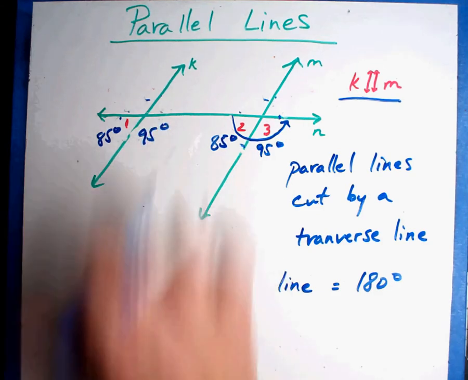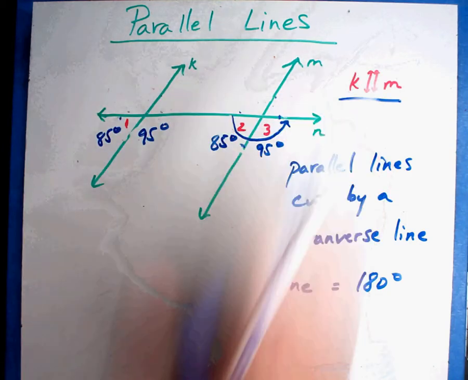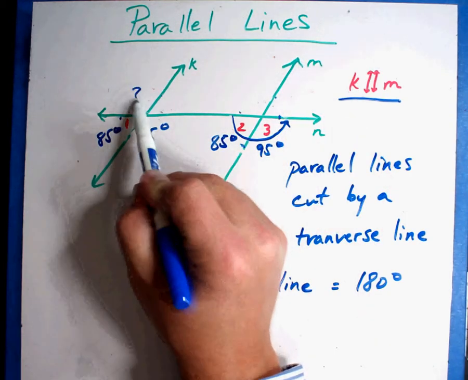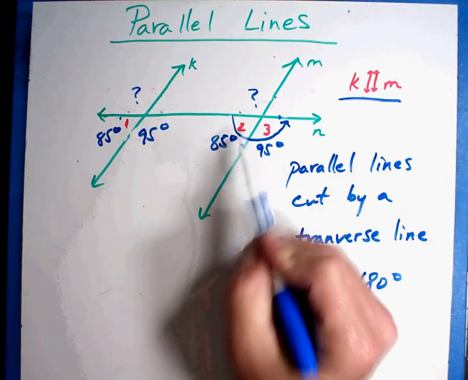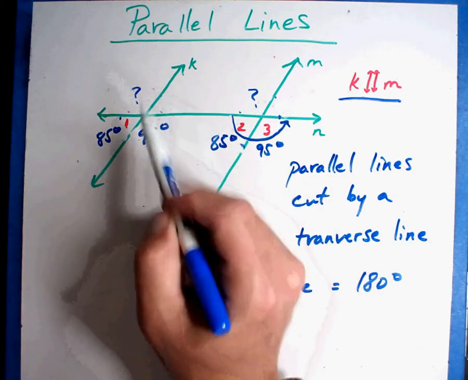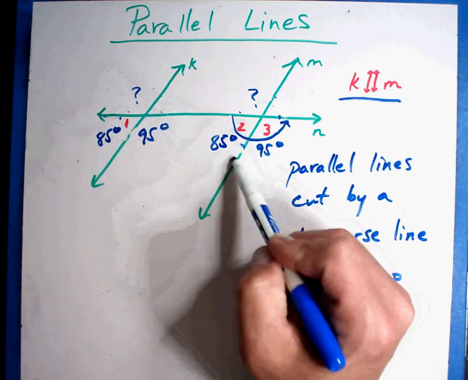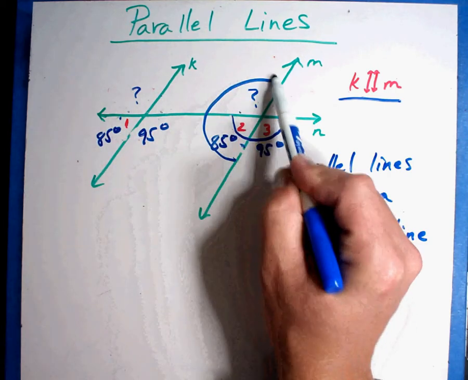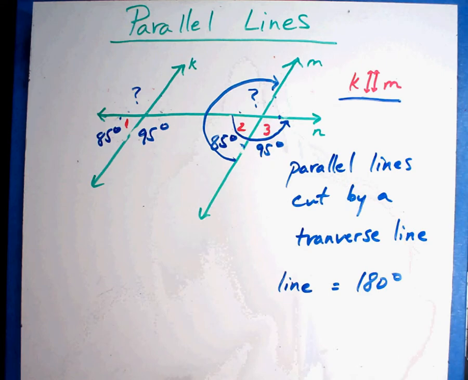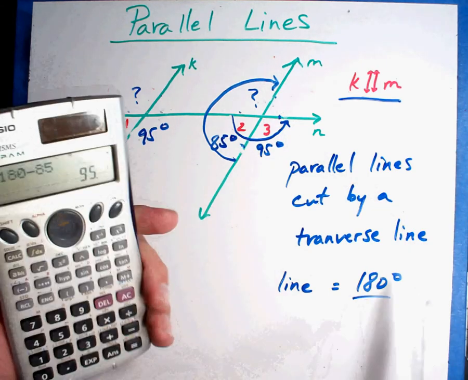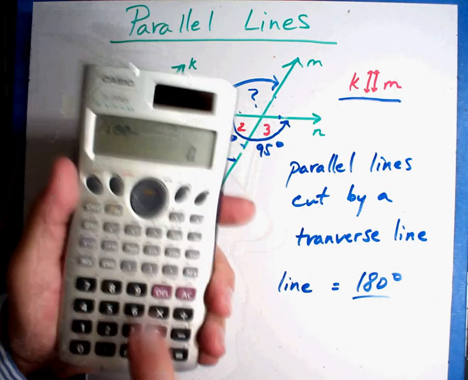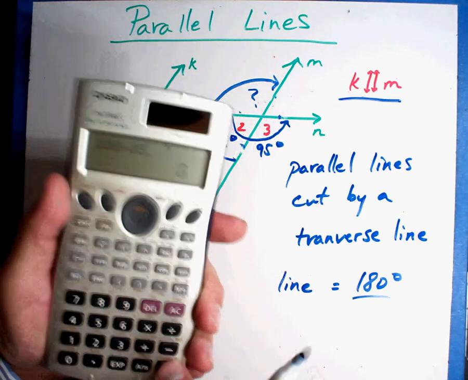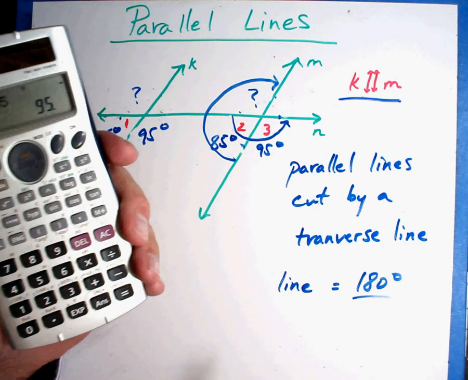But I also have another shortcut here. I wonder, can I figure out these? Well, if this is a straight line, this is also a straight line. And so to figure that one out would be the same thing, 180 minus 85, I got 95.